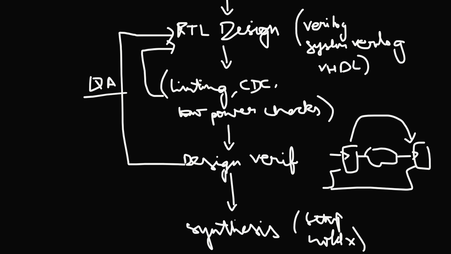So this is what exactly happens in synthesis, and also the design gets mapped to the actual technology libraries. One of the inputs is the library files, so we give the tech library files, and these actually get mapped to those technology library files.